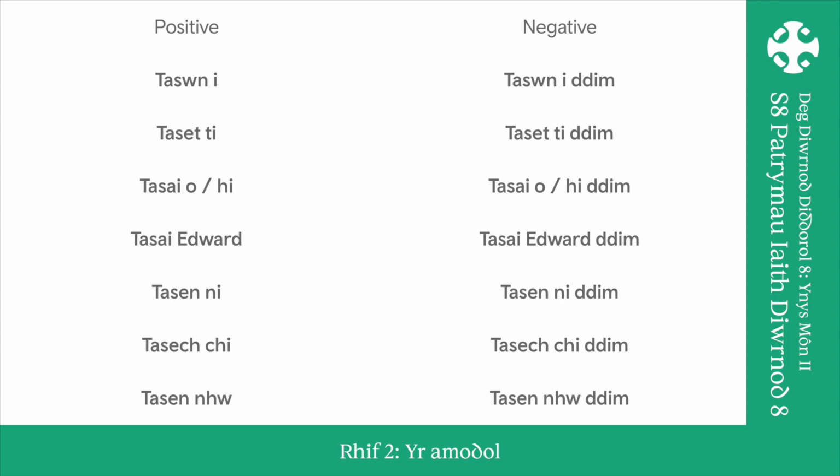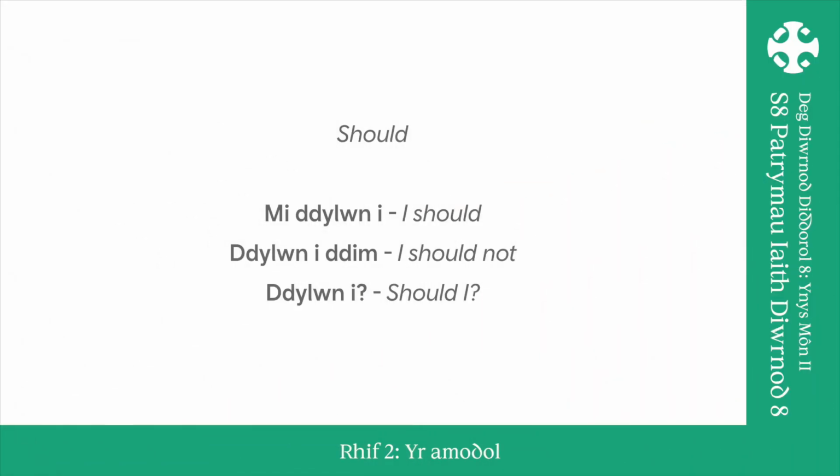There are other verbs that can be used in the conditional. For example, should, would like, and could. Mi ddylwn i, I should. Ddylwn i ddim, I should not. Ddylwn i, should I?